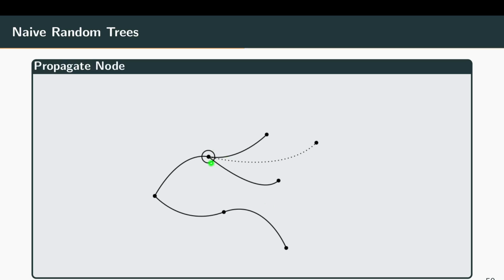And then I do basically k equals 1 like before. So I just sample some time, I sample some control, I forward propagate, then I would end up here. Then I check, is that collision free or not? And yeah, then I'm done.